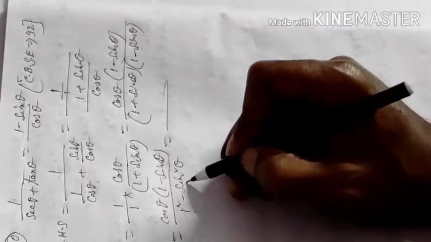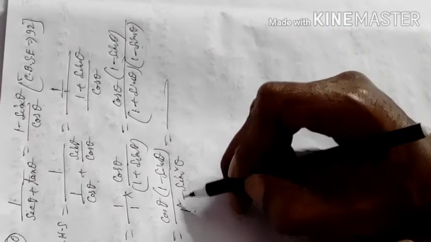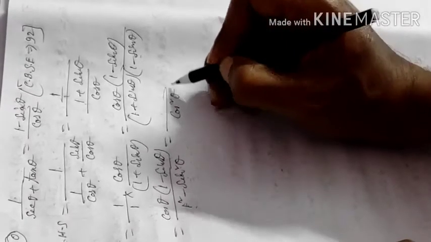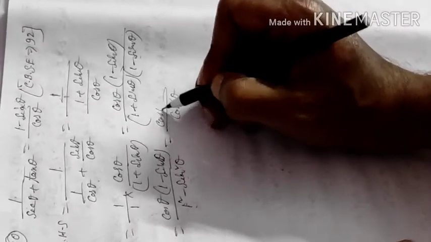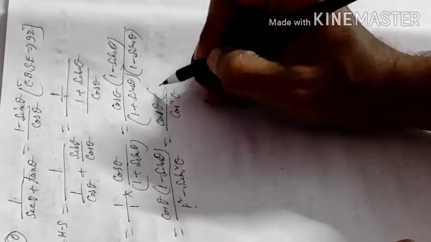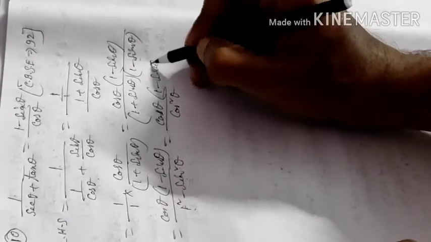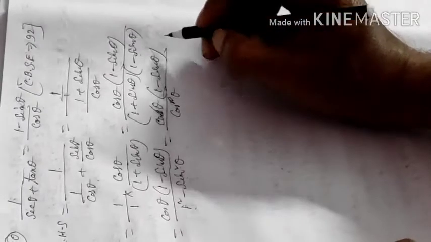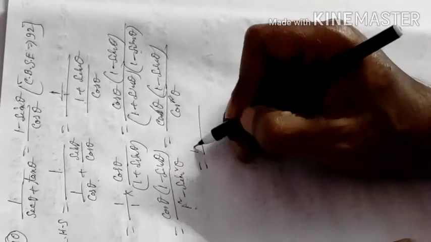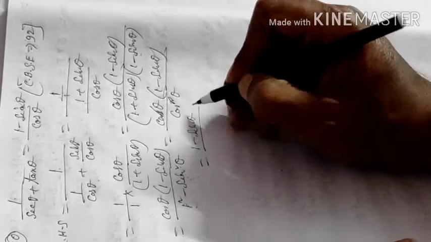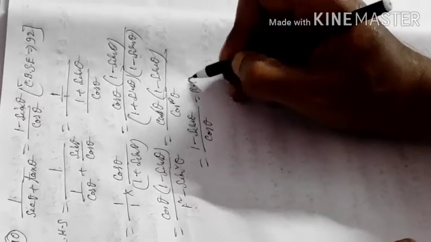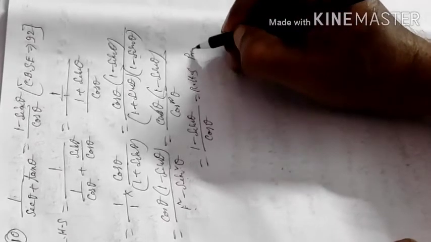So 1 minus sin square theta is equal to cos square theta, into cos theta into 1 minus sin theta. So cos square, cos cancels out, is equal to 1 minus sin theta by cos theta, is equal to right hand side. Proved.